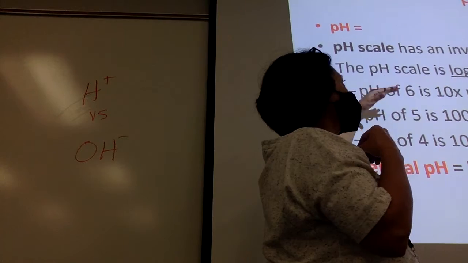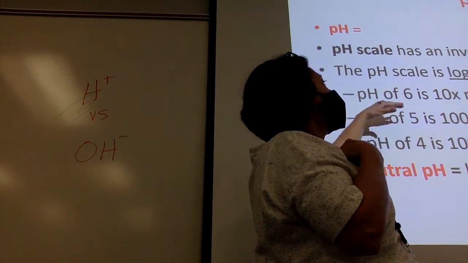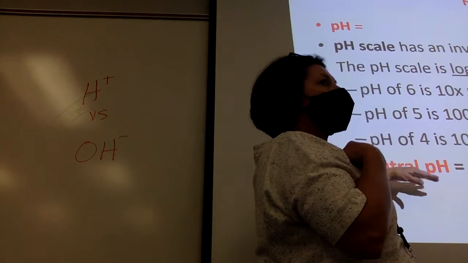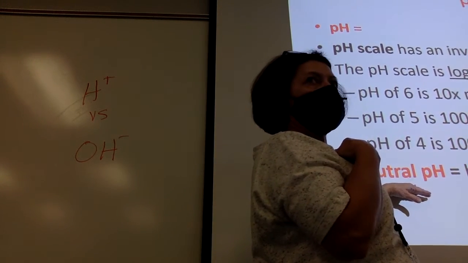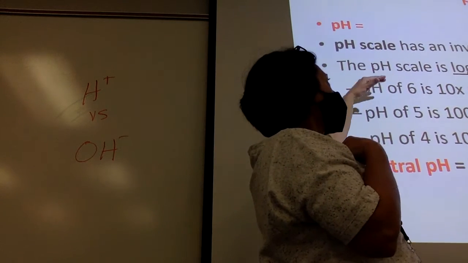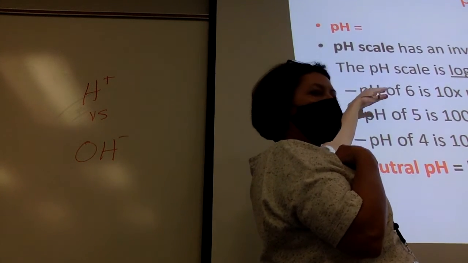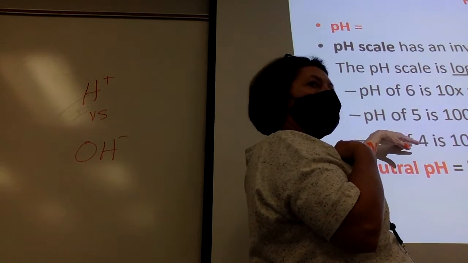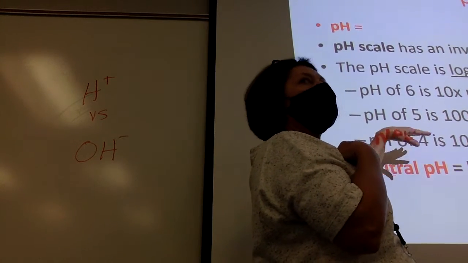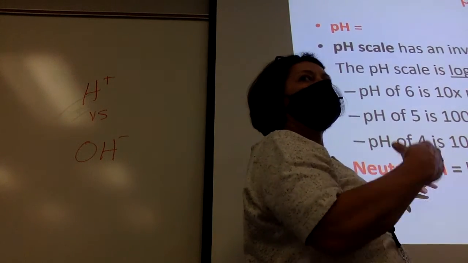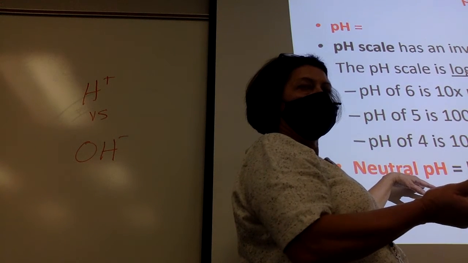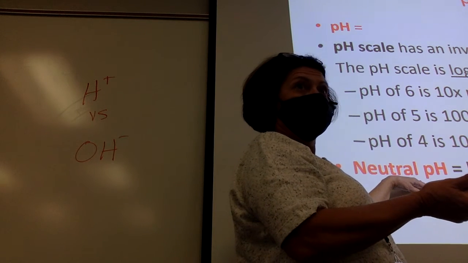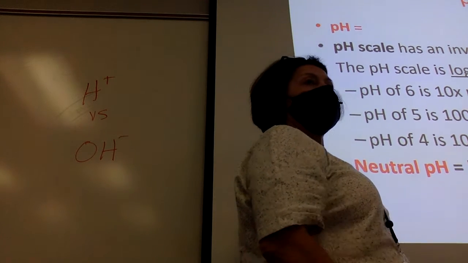If I started at 6, 6 to 5 would be 10 times. 5 to 4 would be 100 times. 4 down to 3 would then be 1,000 times. Hint, hint. Just saying. That would be a really good example to know. 3 to 2 would be 10,000.